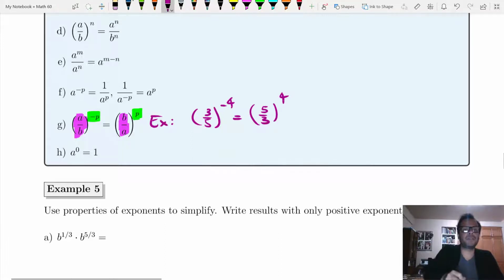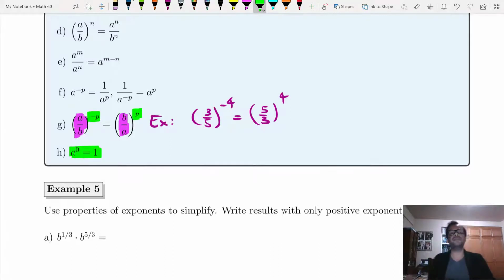Let me erase that part. And of course, a very general one: any quantity raised to the 0 power equals 1. 3 to the 0 power is 1, x cubed to the 0 power, m to the 0 power is 1. Any quantity to the 0 power is 1.